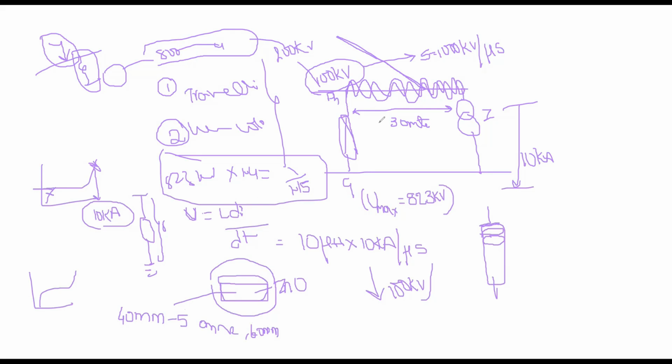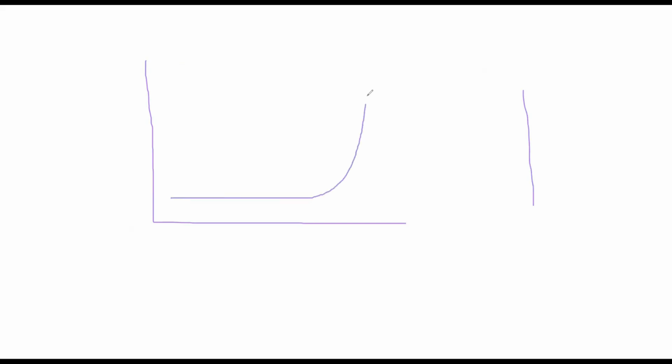In a simple way, let's check the thermal energy absorption capability of my lightning arrestor. Obviously, when current is passing, there will be electrical power losses. So let's assume this is my electrical power losses, and this is the temperature.